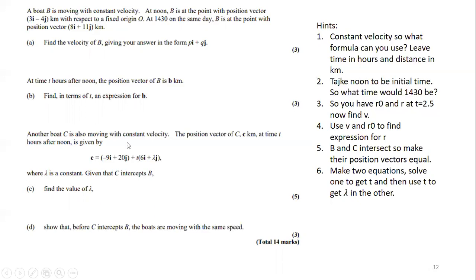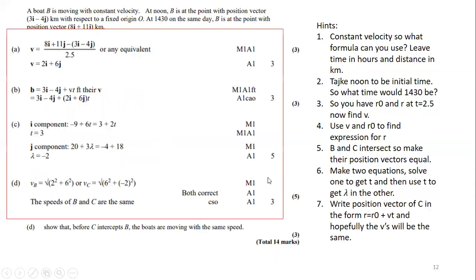Or if you look at the vector for C, the bit next to the t, the 6i and the lambda j, that's your velocity vector, isn't it? Remember, r equals r naught plus vt. So the bit that's multiplied by the t is that velocity, so 6i plus lambda j. So work out the speed of that, work out the speed of the velocity you found in part A, and hopefully they should be the same speed.